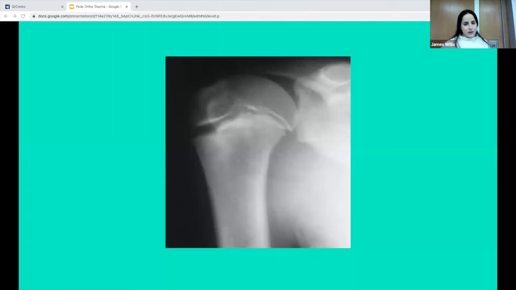Is this a fracture or isn't it a fracture? Which one? So this one looks like a Salter-Harris fracture, type 1, but it's actually a lateral ligament shoulder.